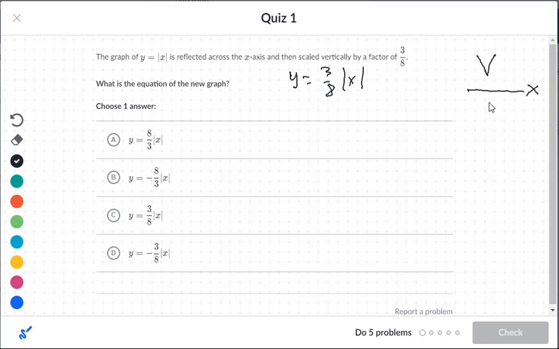So when it's reflected, it's going to go in the opposite direction. Instead of a positive 3/8, it becomes a negative 3/8. So what we're looking for is y is equal to negative 3/8 times the absolute value of x. So our best choice here would be D.